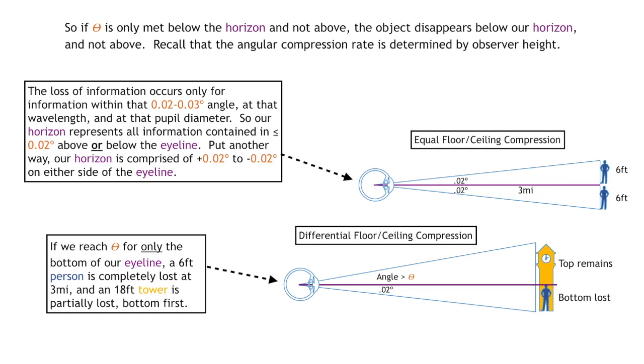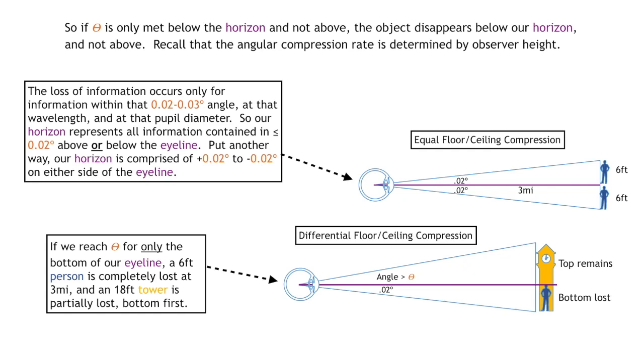So the loss of information occurs only for information within that 0.02 to 0.03 angle if it's reached at that wavelength and at that pupil diameter. So our horizon represents all information contained within an angle less than 0.02 degrees above or below the eye line.